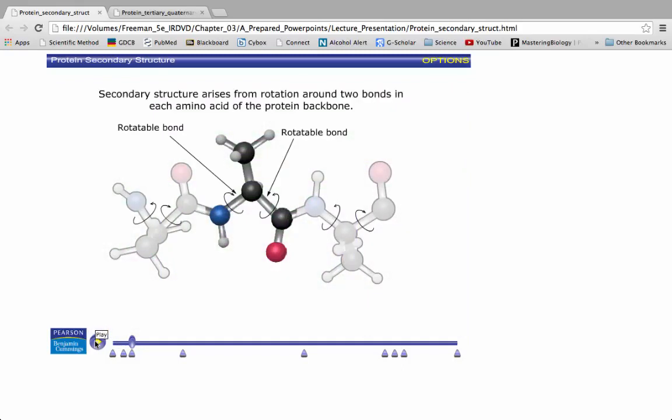The alpha helix contains amino acids that form peptide bonds with each other. Both the peptide bond and the carbon-to-carbon bond are flexible and can rotate, allowing the amino acids to flex and bend in order for their side chains to interact with each other.